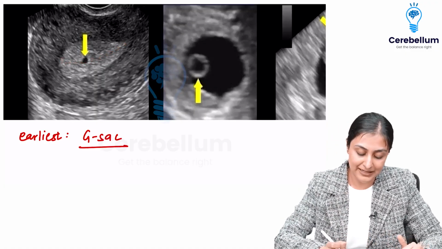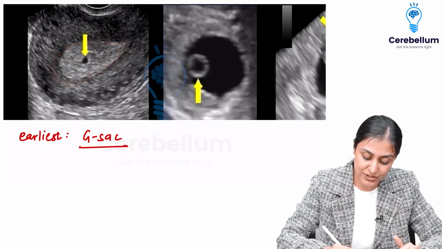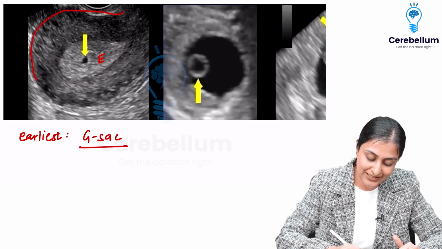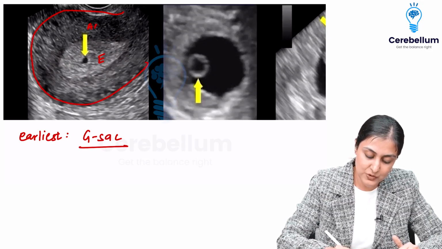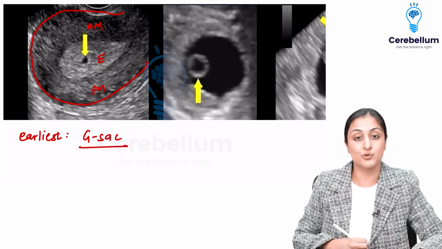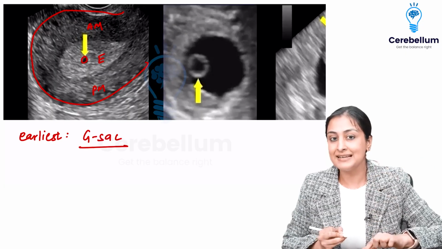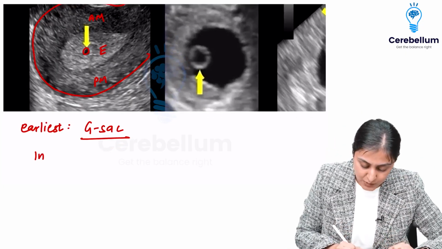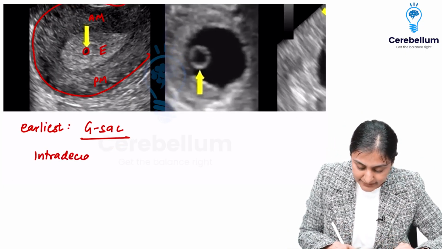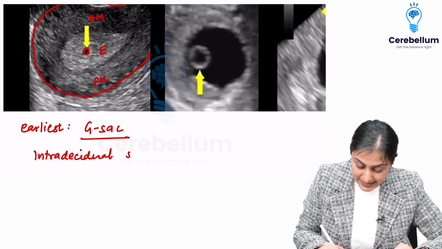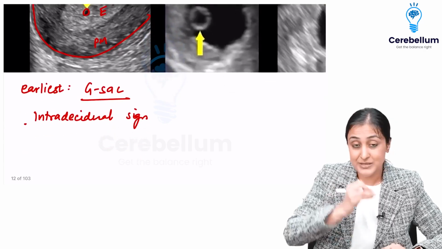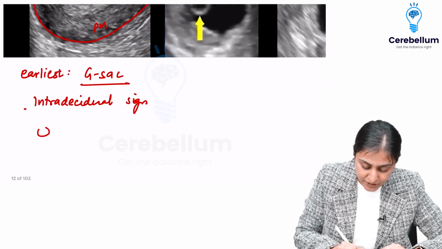Can you see? This is the midline. White is the endometrium, and what you see surrounding the endometrium is the myometrium. So this is anterior myometrium, this is posterior myometrium. You can see this fluid-filled sac slightly off midline, and this is what we call the intradecidual sign. As the G-sac grows, it is going to be surrounded by two different decidua.